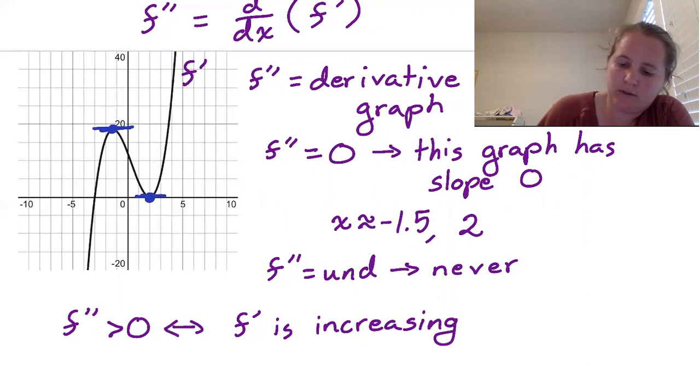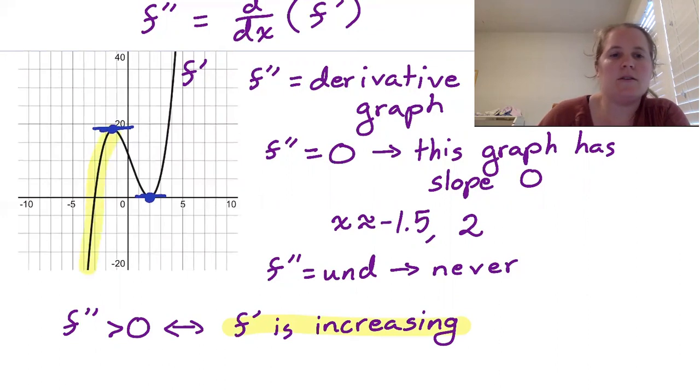If we look for where f prime is increasing, we're looking for where the function is going up. So it's increasing before negative 1.5, and then it's increasing again after x equals 2.